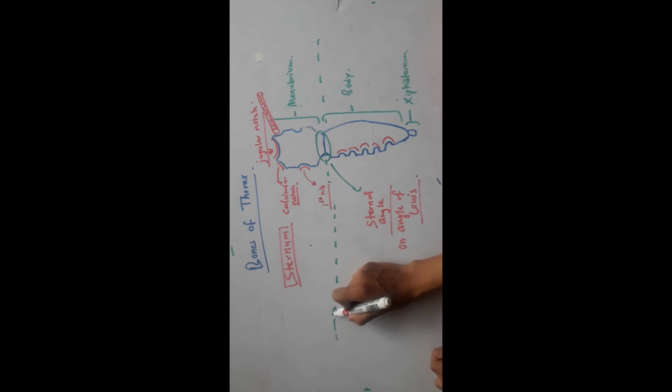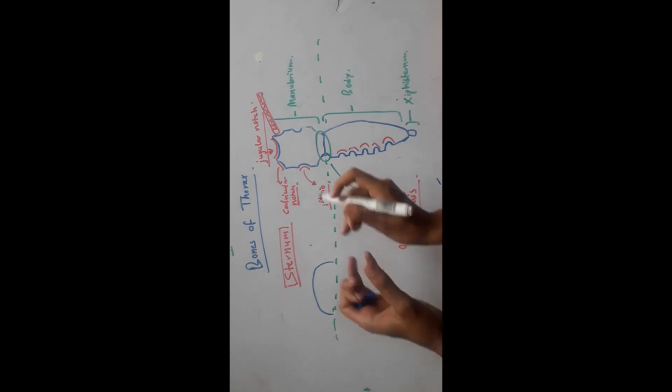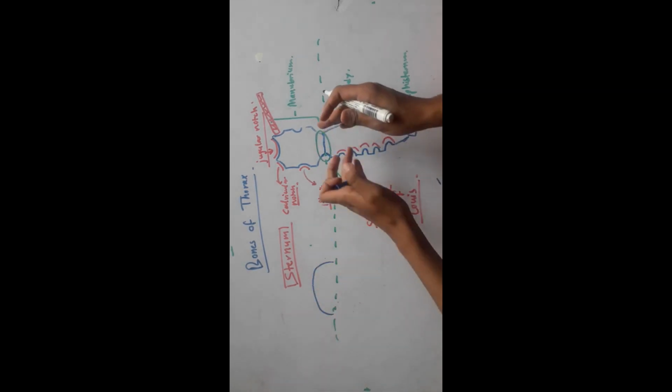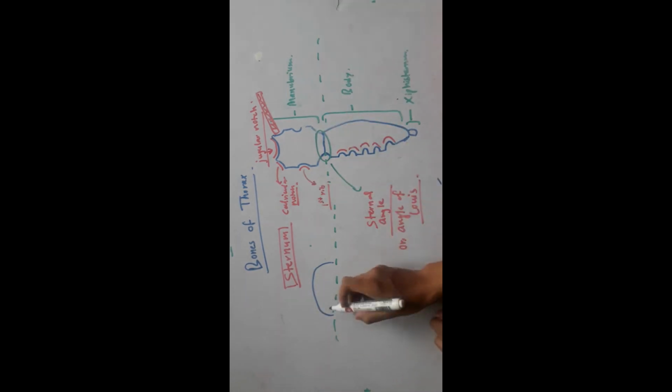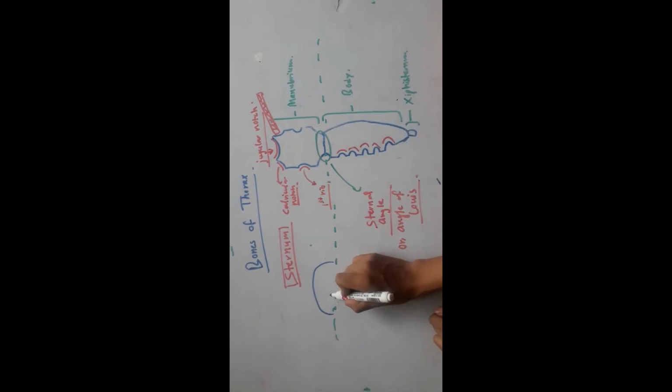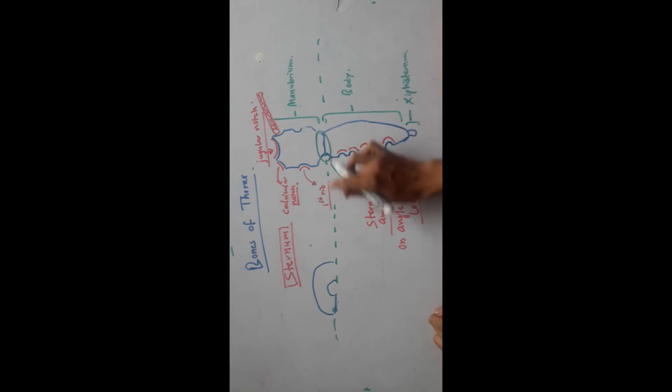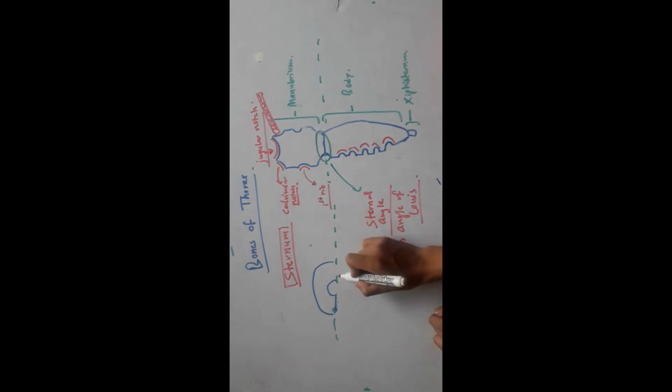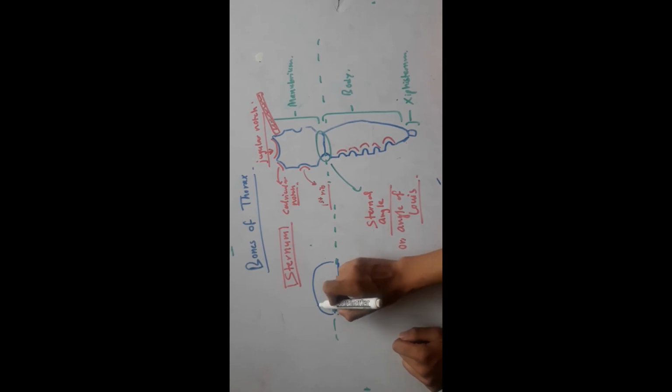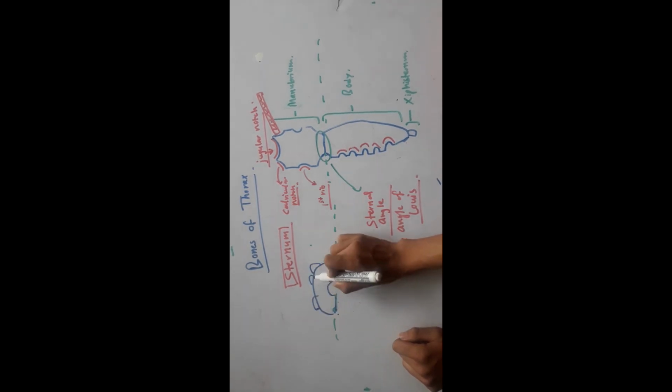Some of the important things that happen at the level of this angle: the arch of the aorta starts at this angle and ends at this angle.